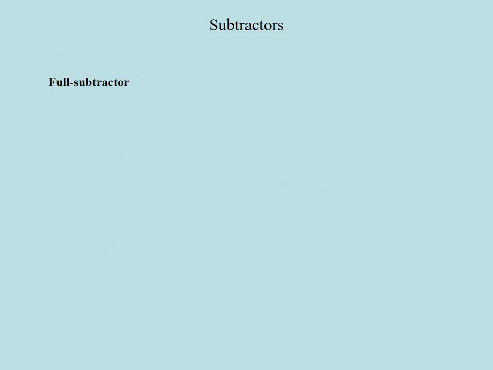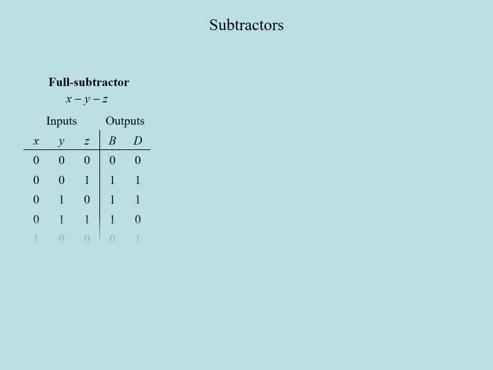Next, consider a full subtractor. Let us assume that x is the minuend, y and z are the subtrahends. That is, we consider x minus y minus z. Then the truth table can be written in this form. For x equals 0, the difference output is 1 if one of the subtrahends is 1.